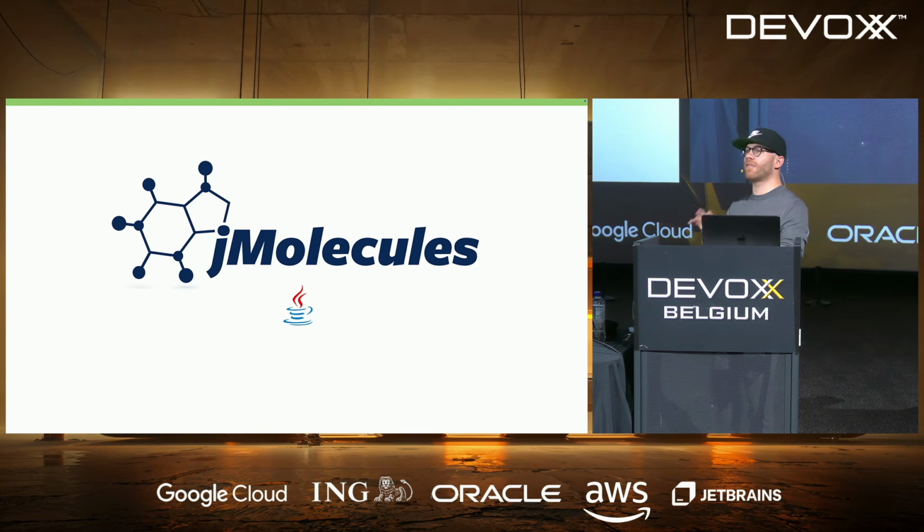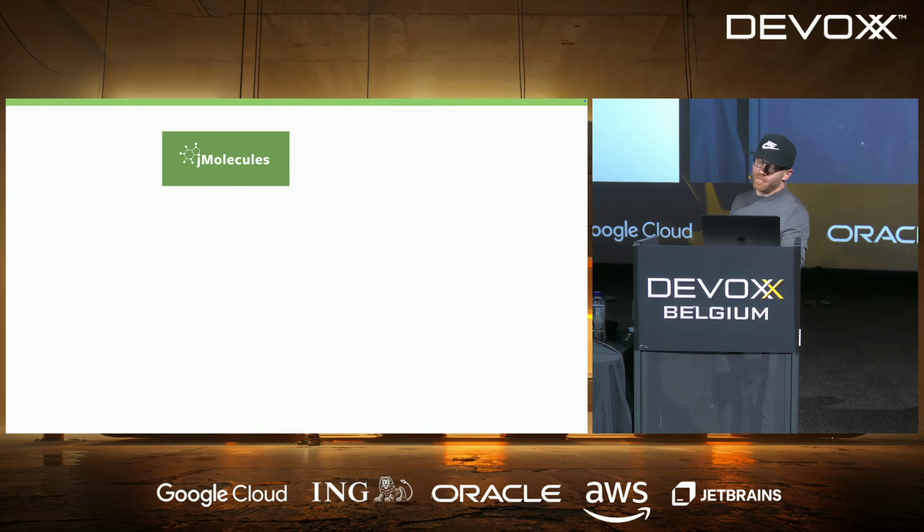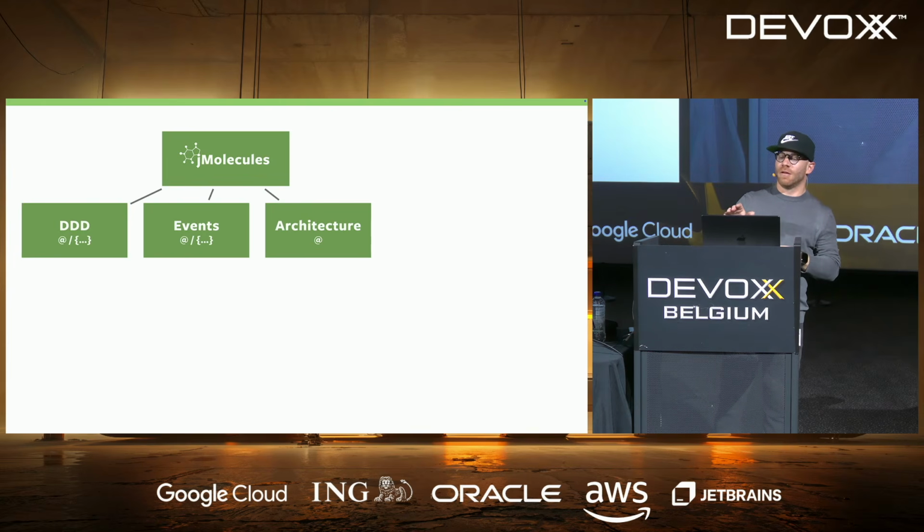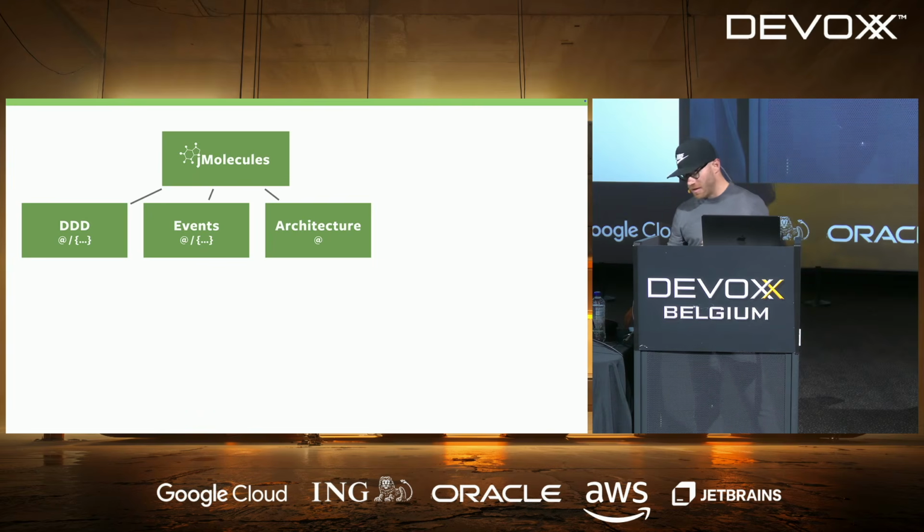So the idea is that we have libraries that provide you programming language specific means of expressing these design and architectural elements in your code base. There's artifacts, this is basically the artifact tree here. There's artifacts for domain-driven design, for anything related to events.